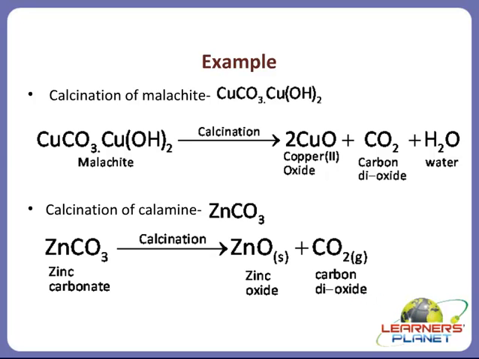You must have seen that in every example, small molecules of carbon dioxide or water are removed out, as a result of which the ore becomes porous. The porosity of the ore increases.